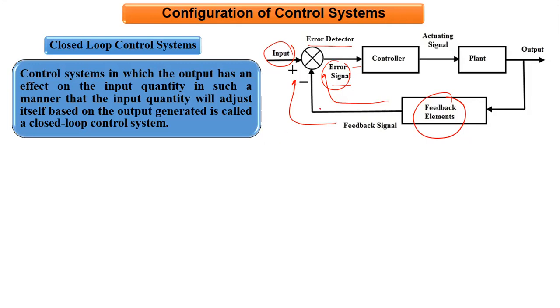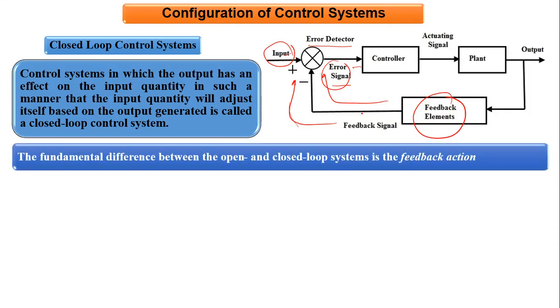So this error is nothing but the difference of the input and this value which is fed back here. This error plays a very important role. Error signifies the deviation of the response of the system from the desired value.